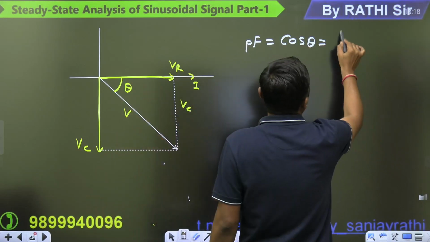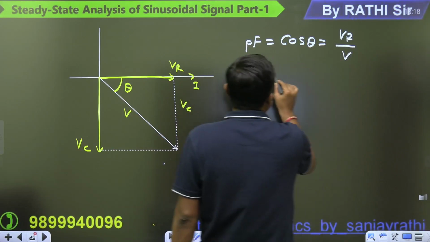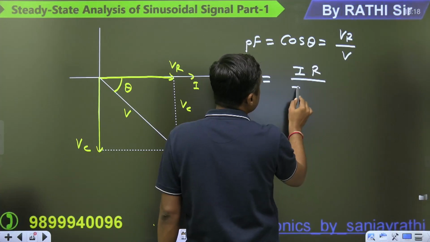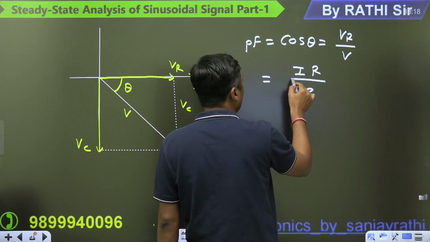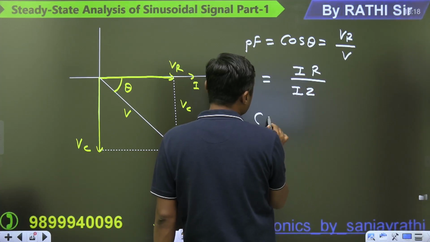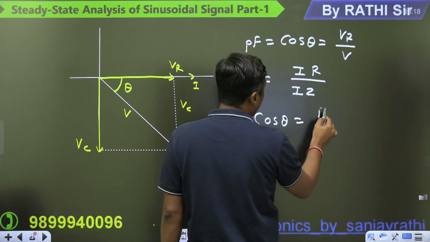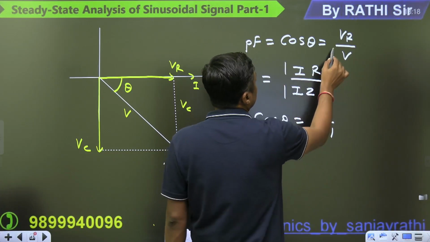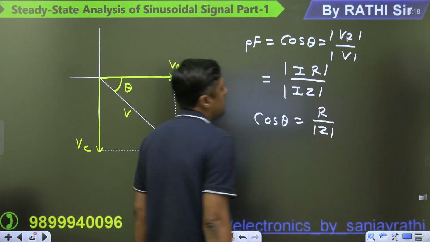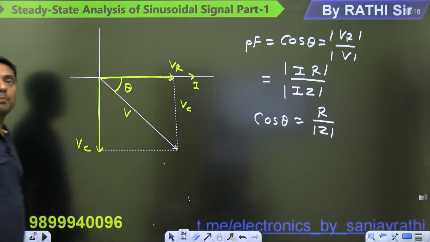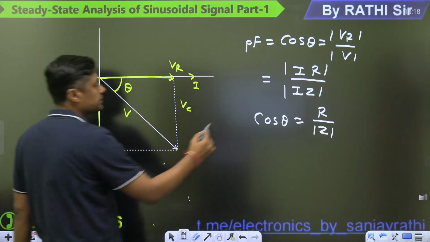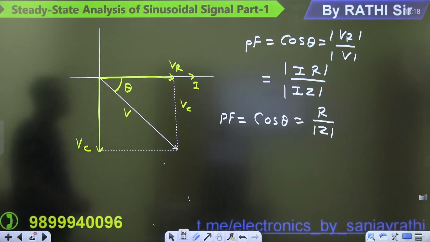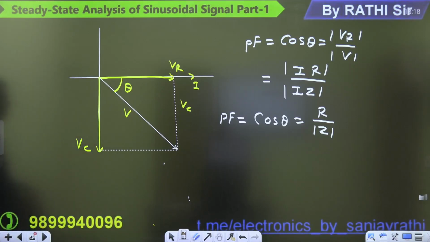VR by V. Then VR means IR, V means IZ. This is the magnitude only. So you will get cos theta is equal to R by mod of Z. Okay, this is the power factor, R by mod of Z.